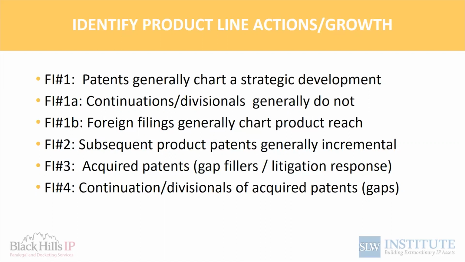Forensic inference 1B: foreign filings generally chart a product reach. Now, what do I mean by that? It costs a lot to cover your product in a number of marketplaces. So the extent of the foreign filings indicates at least a couple of things. It indicates where the client or the patent filer believes they have both appetite for enforcement or some other reason that would allow them to do business in that country by having that patent there.